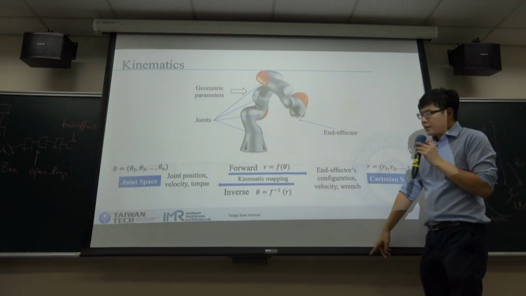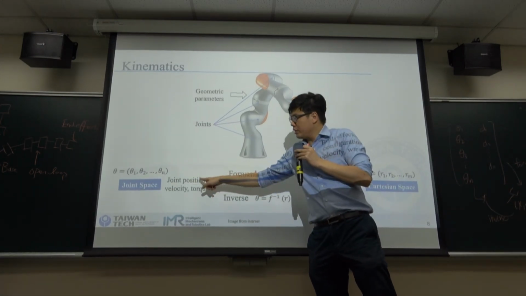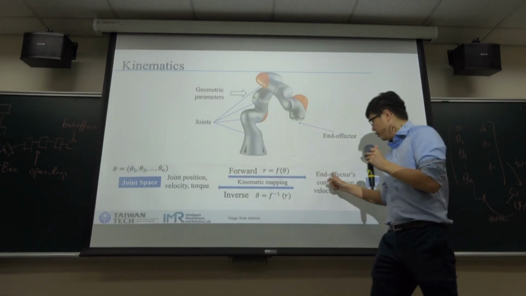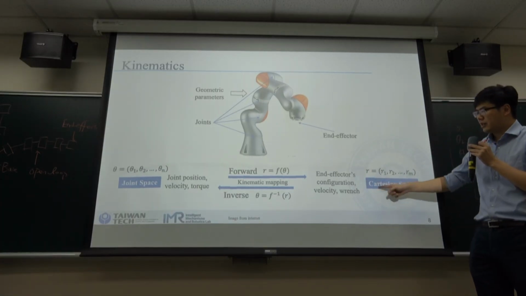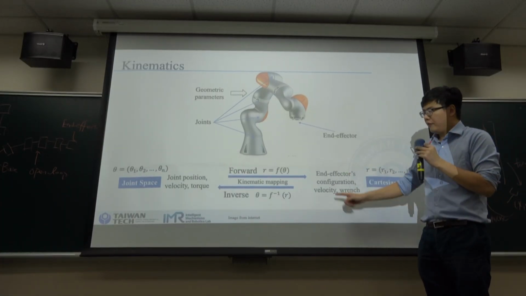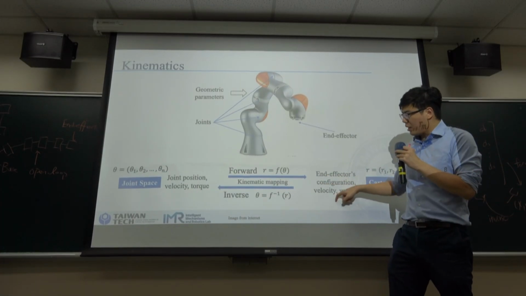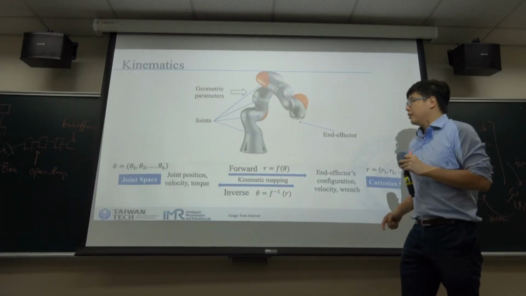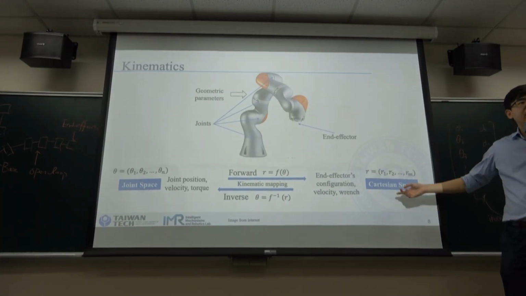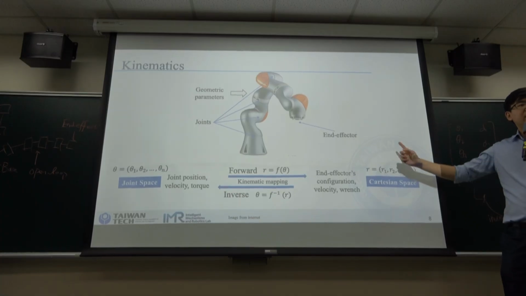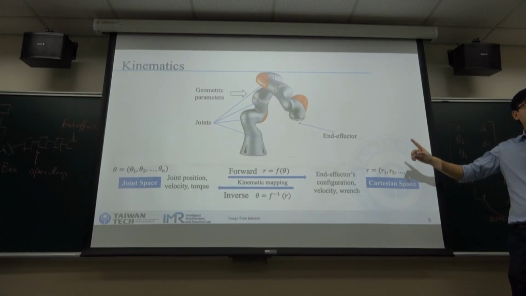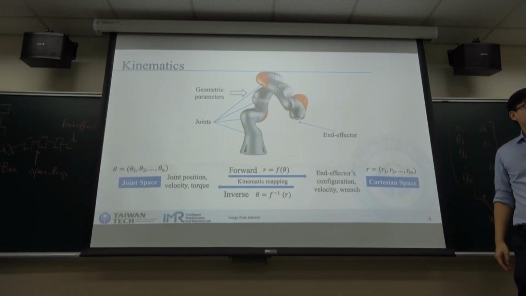So the forward kinematics transfers the joint space to the Cartesian space of the end effector. And the inverse is backwards. Any questions about the definition of forward and inverse kinematics?